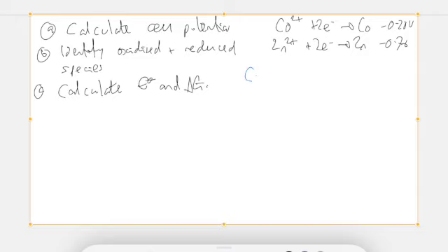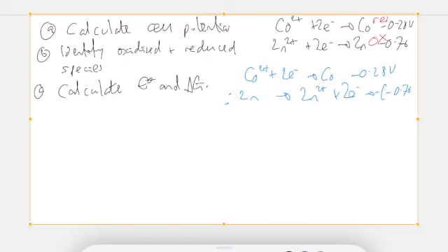So E0, what we're going to do, what's the most negative? The most negative is the minus 0.76, so flip its sign, because the zinc is going to oxidize. It's going to be the reducing agent, isn't it? So that means it's no longer minus 0.76. It's going to be plus 0.76. And if we sum it with the cobalt's reduction, which is minus 0.28, we've written them out now fully as the one that's oxidized and the one that is reduced.